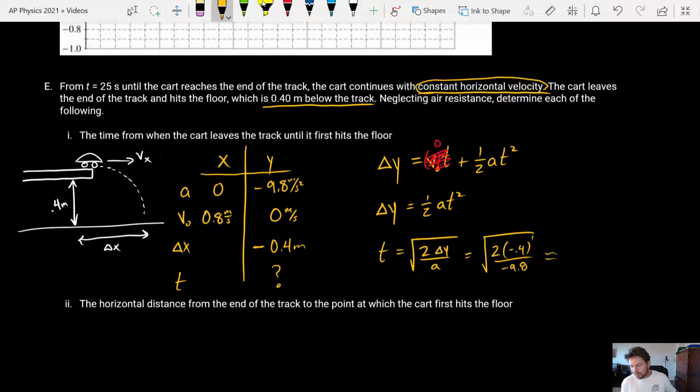I don't know what that is off the top of my head. Let's see. You pull out your calculator, and I got, what is the square root of 0.8 divided by 9.8? 0.09. That doesn't seem right. Oh, you know what I did? Made a dumb calculator error. I didn't use a parenthesis. So here, I'll show you what I'm talking about.